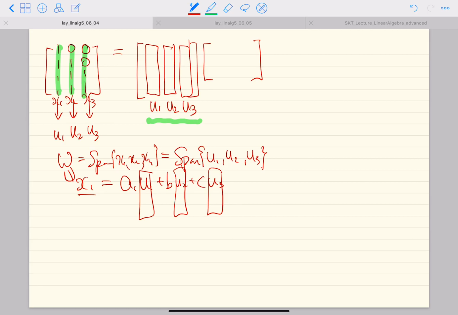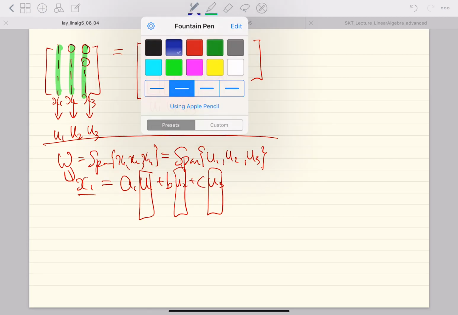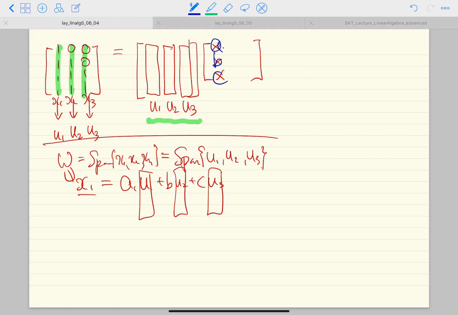So at a high level, in this matrix product, these entries are actually A, B, C, because that forms our first vector.